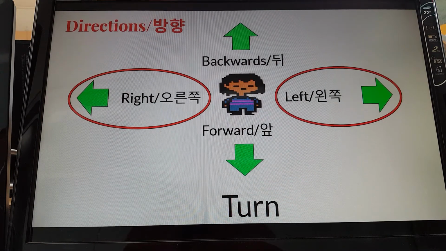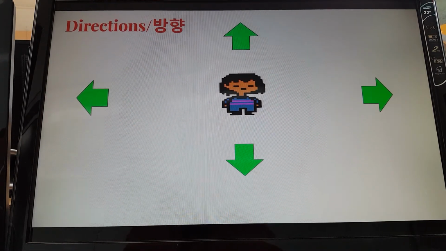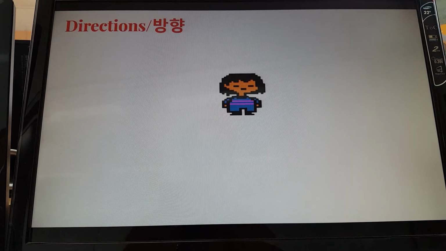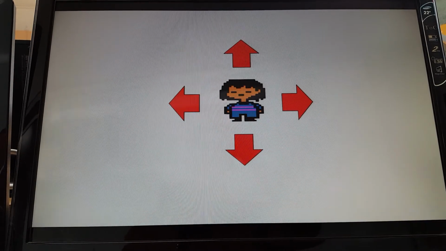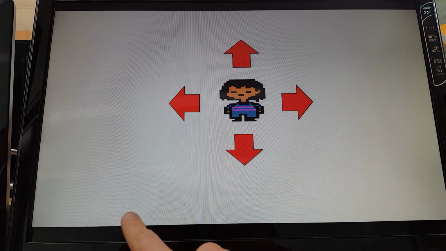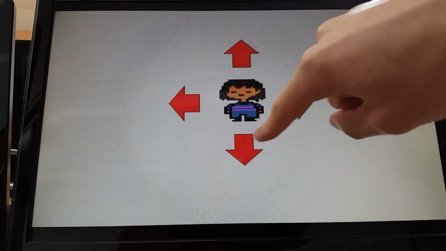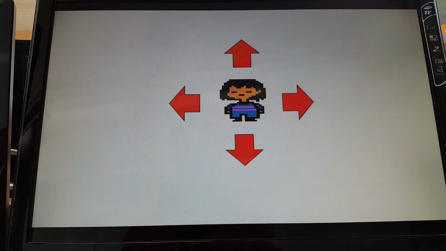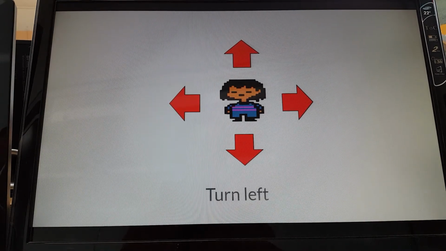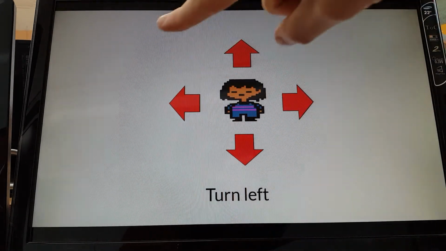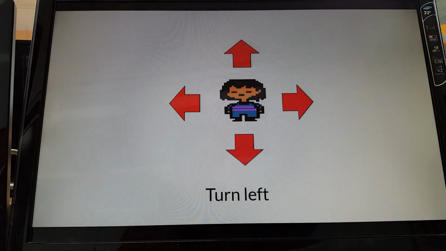Okay. If you do, then let's play a game. I will give you directions, and I want you to choose the correct arrow. So if I say turn left, what arrow would it be? That is correct.